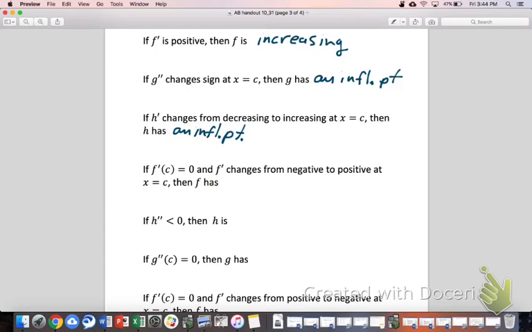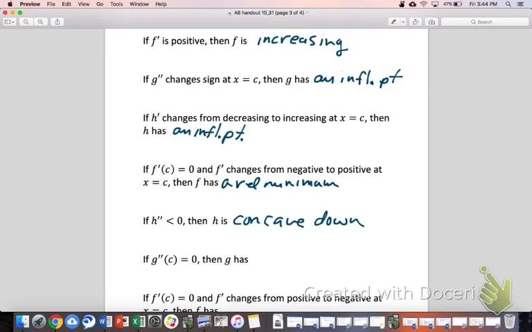Next one says if f prime of c equals 0 and f prime changes from negative to positive at x equals c, then f has a relative minimum. All right, the next one, if h double prime is negative, then h is concave down.